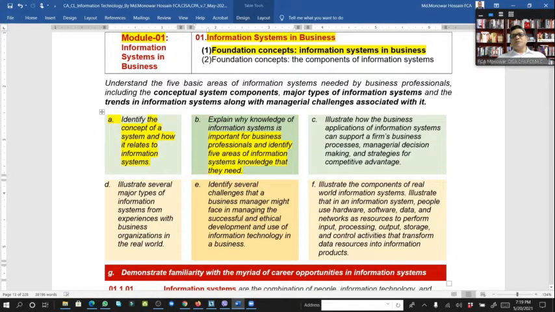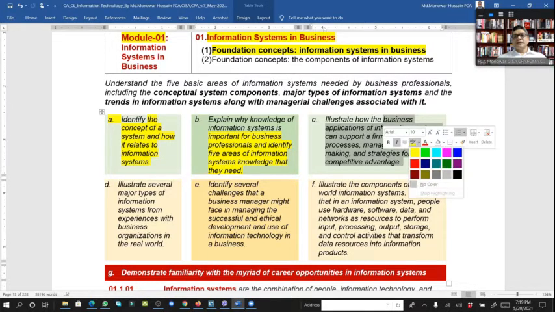Also, we will understand how the business application of information system can support a firm's business process, because we know all IT, all things will align with the business. So managerial decision making and strategic or competitive advantage, we will be able to understand.